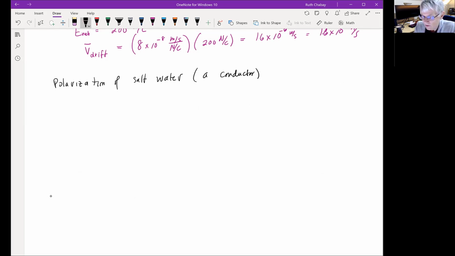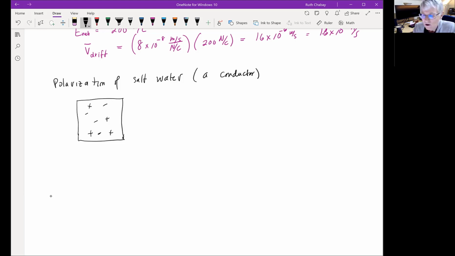We'll start out with our salt water, and here I'm going to just draw it schematically. We have some plus charges and some minuses. And since I'm not drawing envelopes around them, they're not bound to anything, they're free to move.